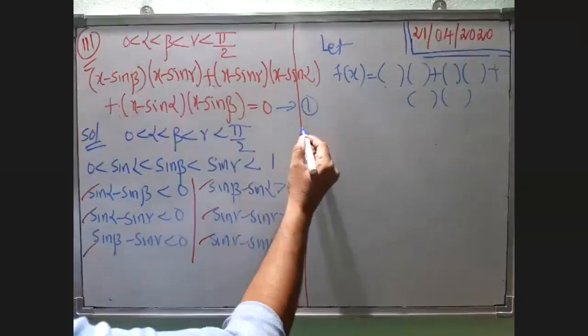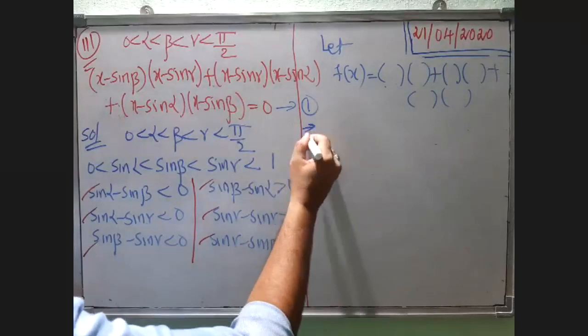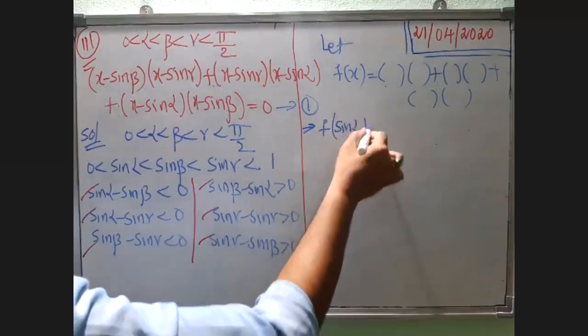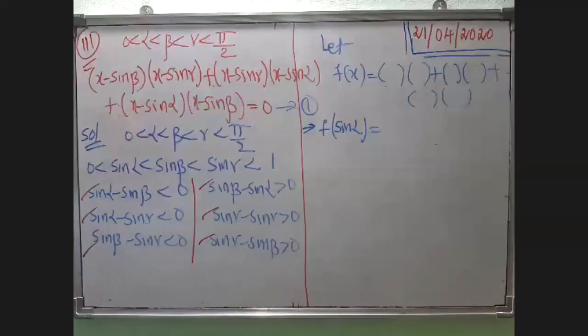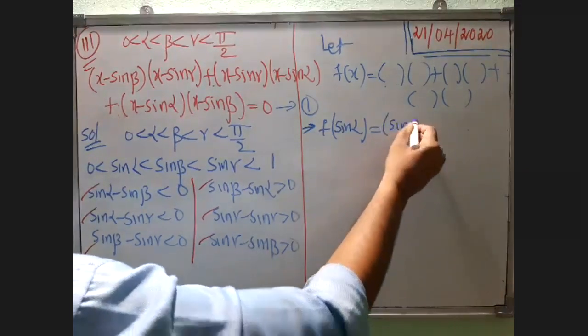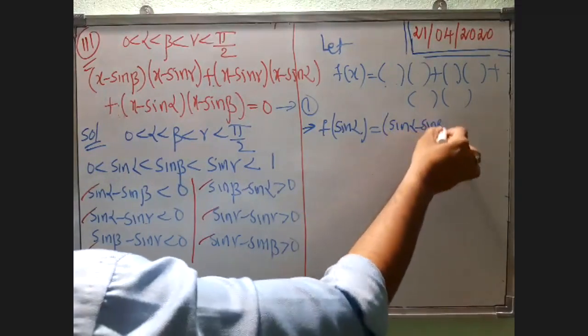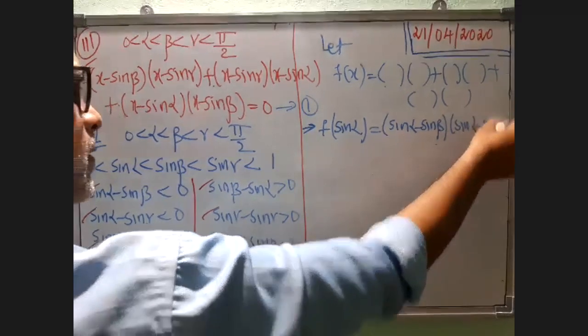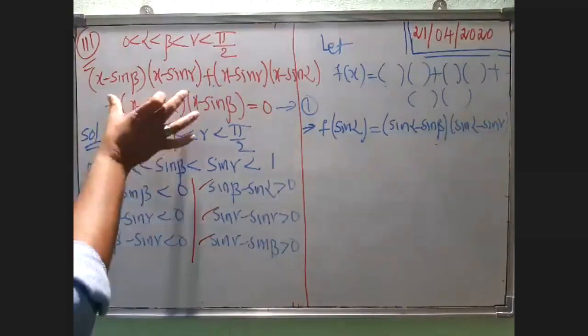I will take the first case, which is f of sin alpha. In the place of x, I will write sin alpha. Then I get (sin alpha minus sin beta) into (sin alpha minus sin gamma), from the first term.